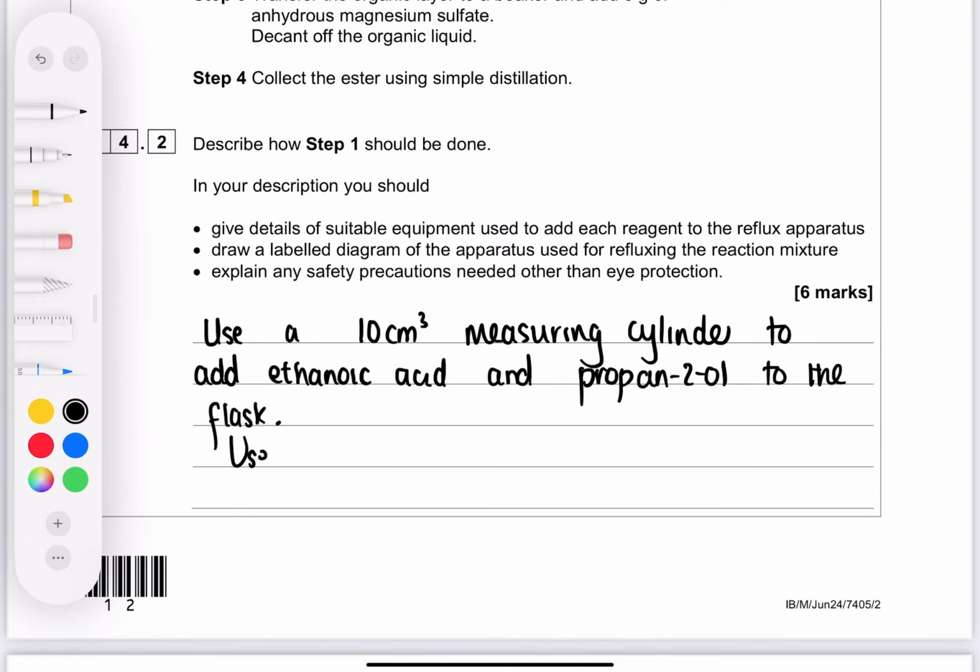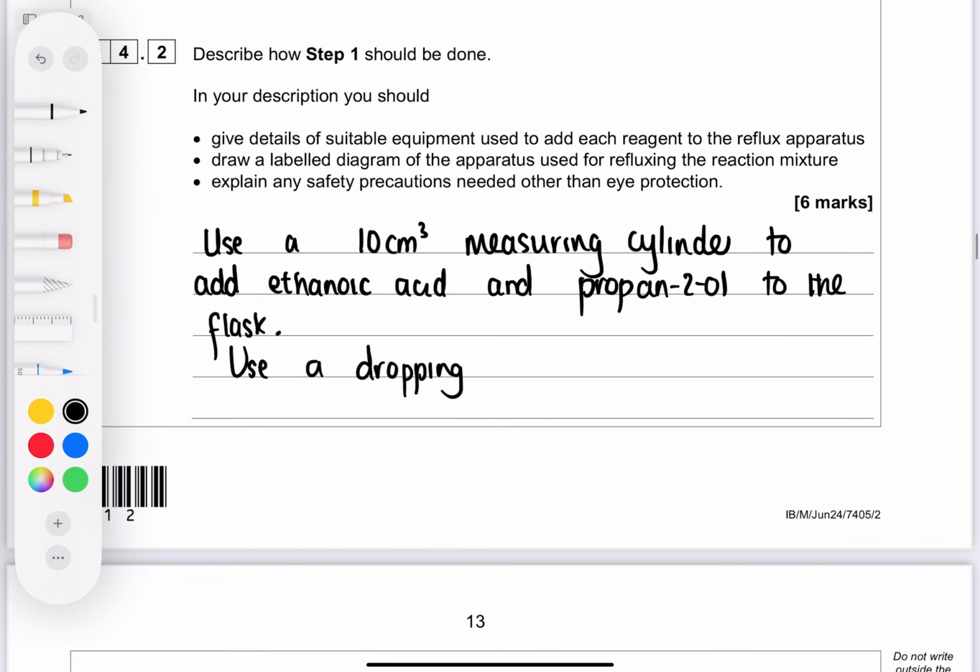Use a dropping pipette, because it just says add 5 drops, for the concentrated sulfuric acid.